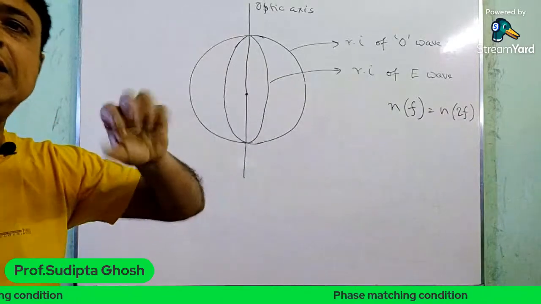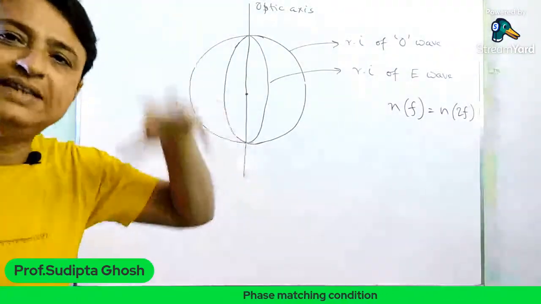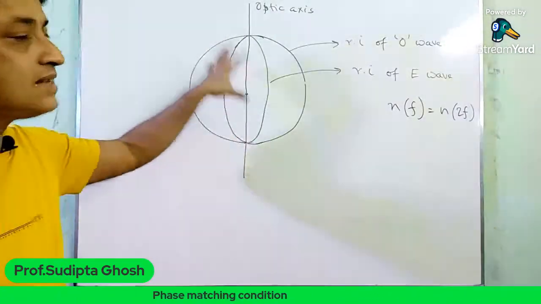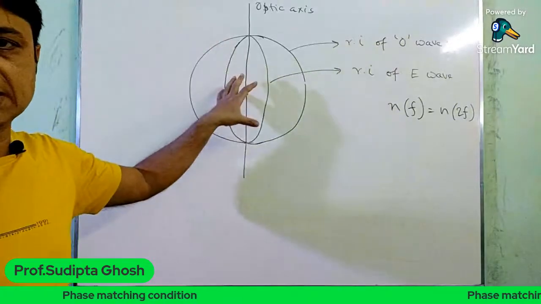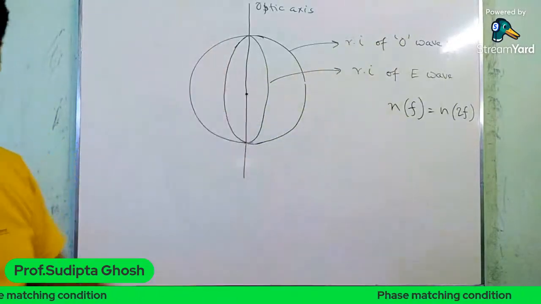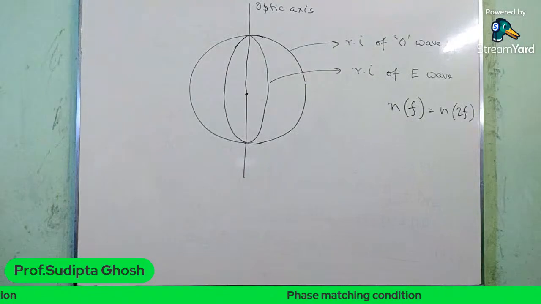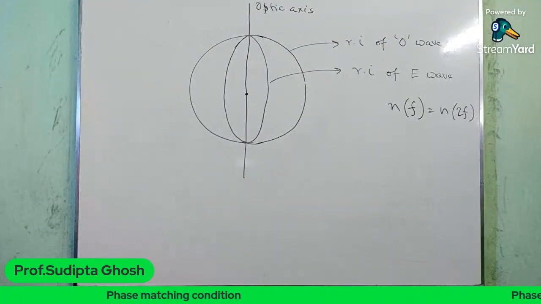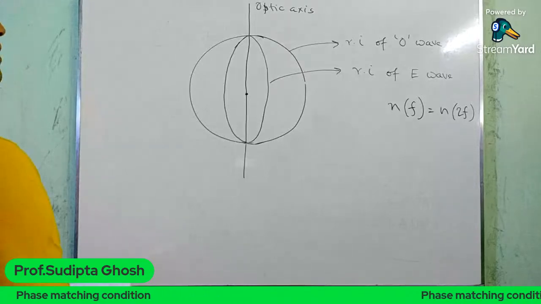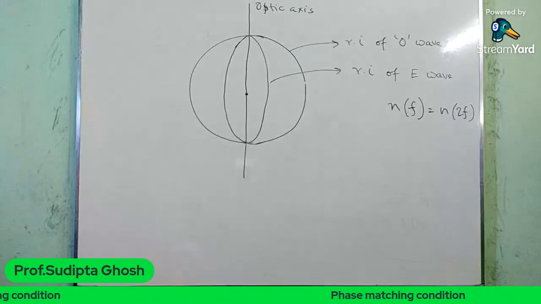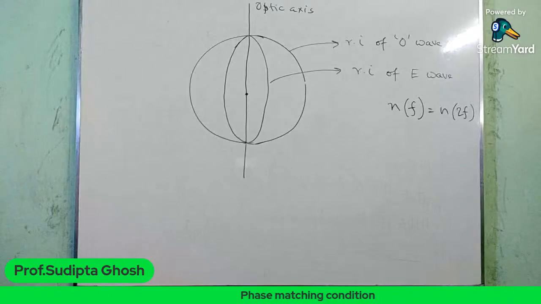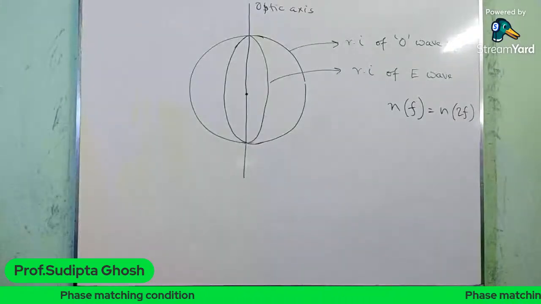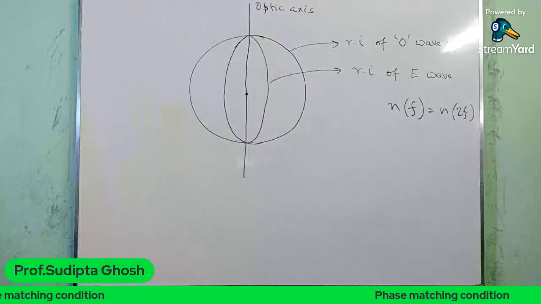So now I am going to draw the refractive index variations of all these four components inside this one figure, right? So now I consider the refractive index of the ordinary wave as the first sphere, and the first ellipse as the refractive index of the extraordinary wave.